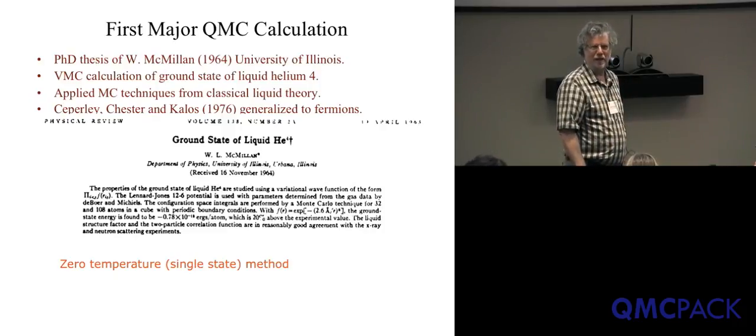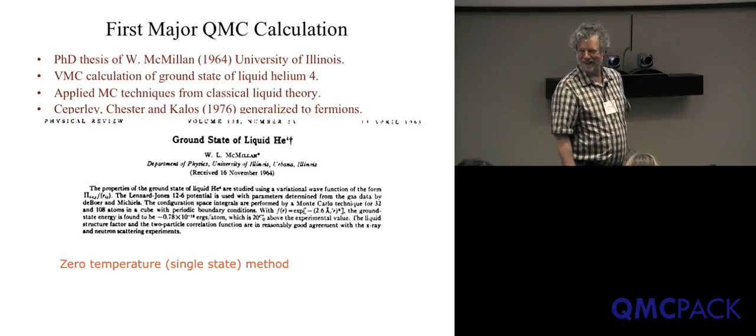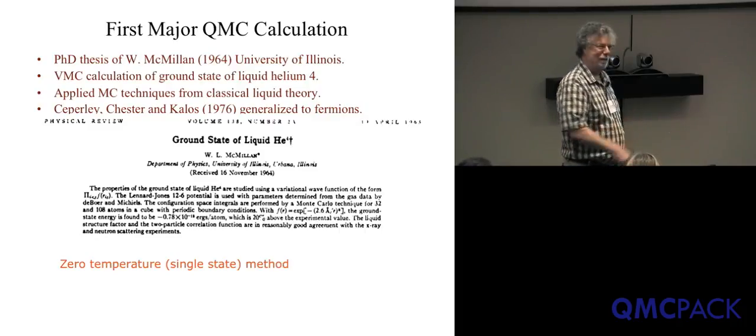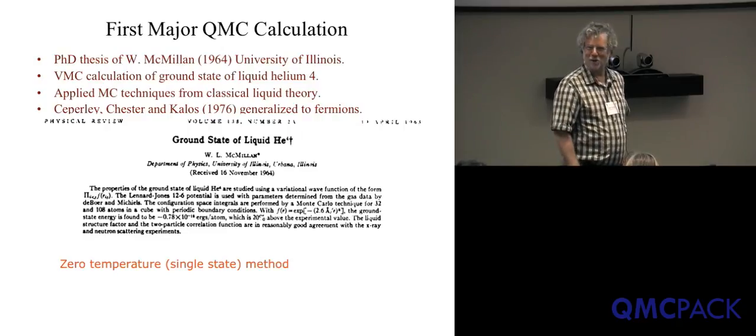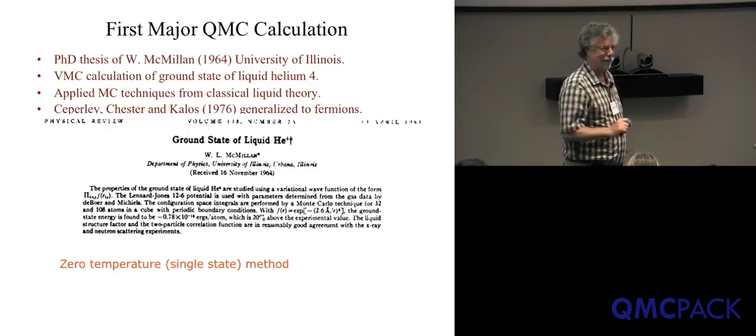And what's the ground state energy? Does anybody know who his advisor is? His advisor is not on his paper. Well, that's good. A graduate student does path-breaking work and his advisor is not even on the paper. Does anybody know who his advisor was?